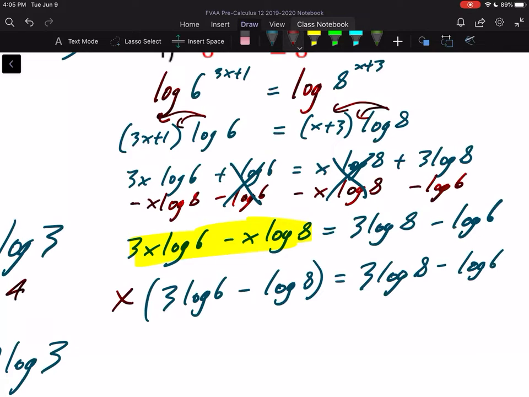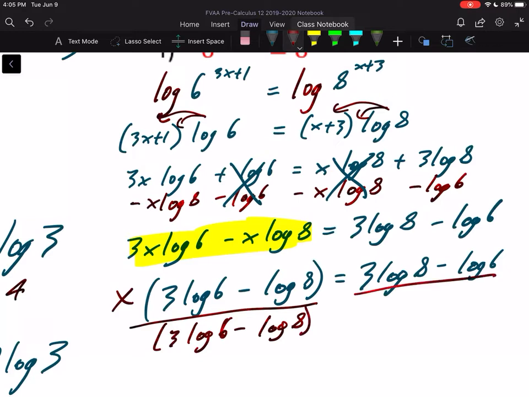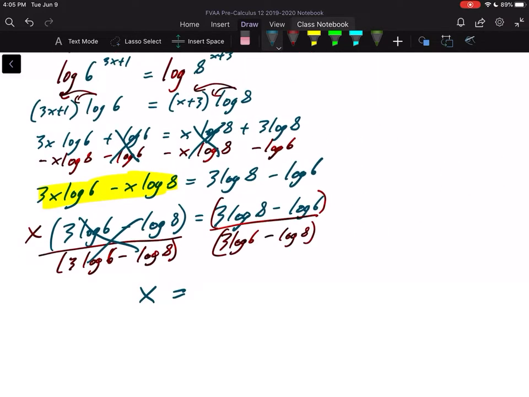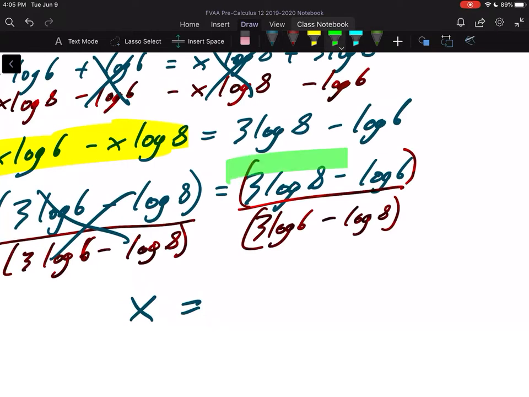And because I can isolate my x here, if I divide both sides by the 3 log 6 minus log 8, mind your brackets, that's going to cancel out, isolating my x variable. And then again, I just plug this into my calculator, and I'll get my answer.